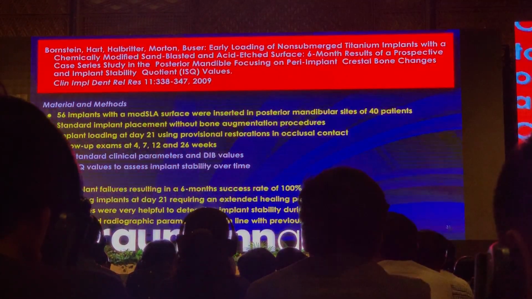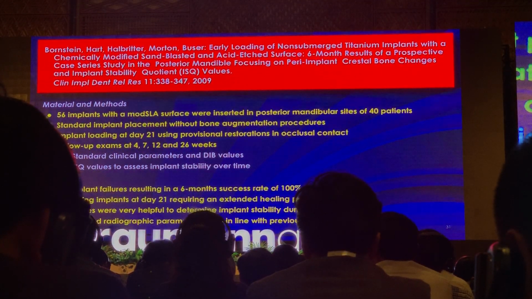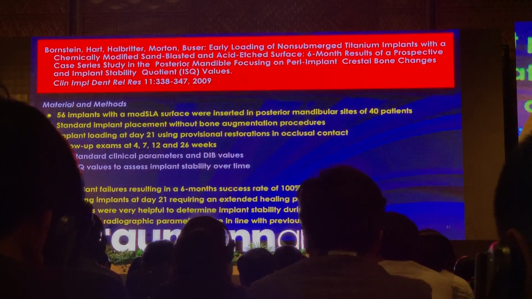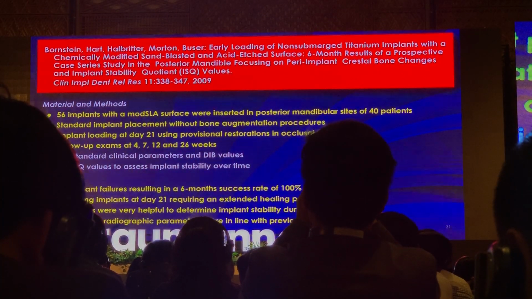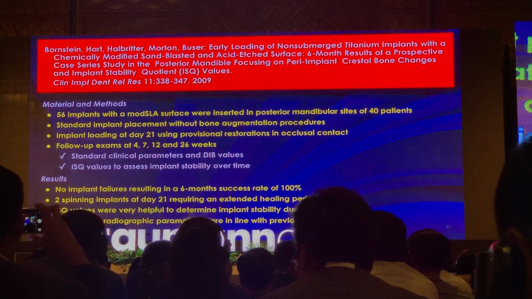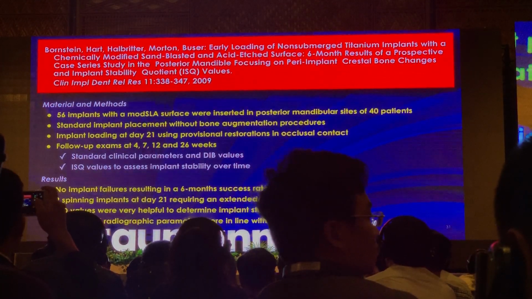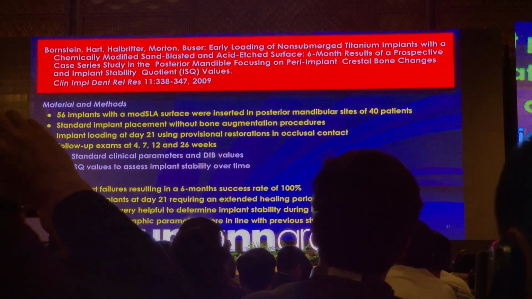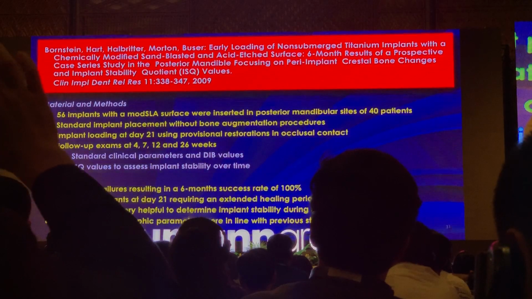I show you quickly the paper published 10 years ago. This was a short-term documentation, only 6 months. We wanted to show how the ISQ values develop over time. In that study, we had 56 implants placed.